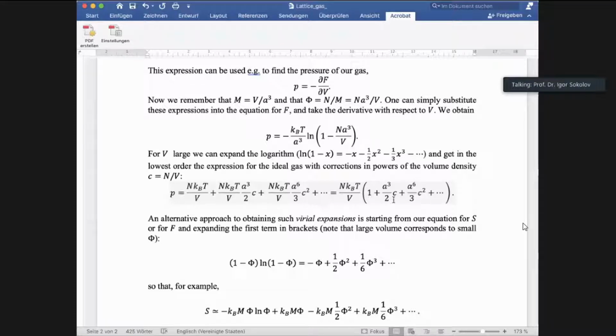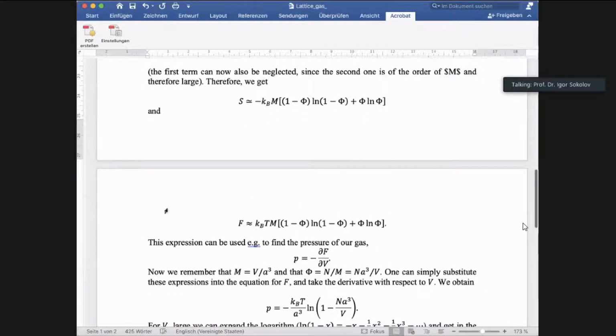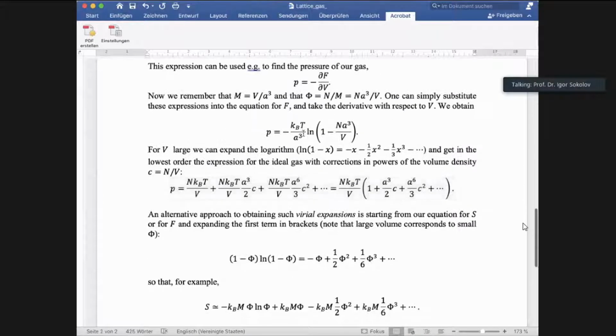So we have learned two things. First, we have learned how to obtain the free energy for a thermal system. And second, we obtain this pressure, and we will have very similar expressions then, for example, for the tension of polymer chains, but it's too early yet to talk about this.